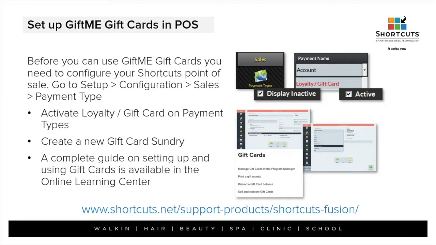And then you're going to choose what the parameters of this are. We do have a complete set of instructions on enabling this payment type. If you visit our Shortcuts support page for Shortcuts Fusion, you're going to look at how to set up GiftMe gift cards.